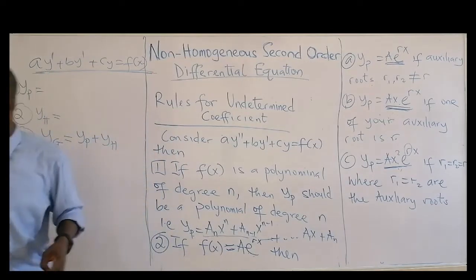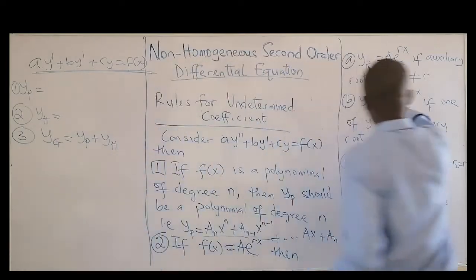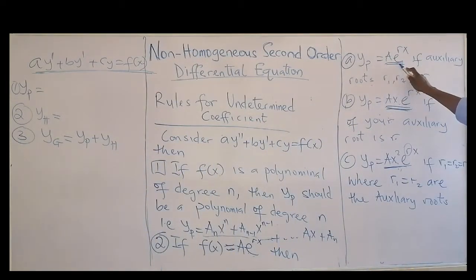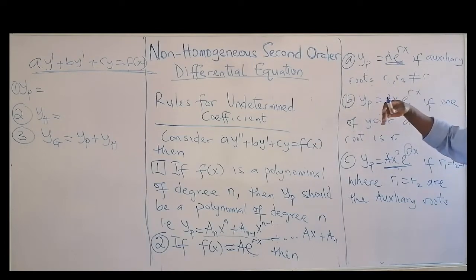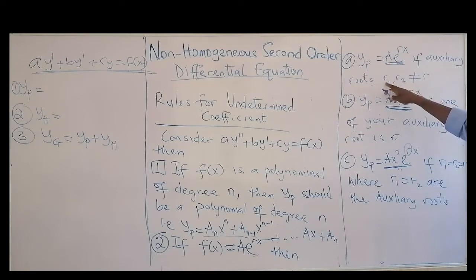If your f of x is of this form, then your yp will be of the same form, if the auxiliary roots, the solutions of your homogeneous part, r1 and r2, do not equal the one you have here.